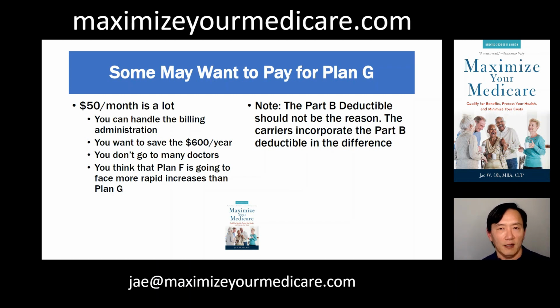Because guess what? Both plans are going to change at the same rate. Why? Because both of them have figured out they're the data taker, right? The Part B deductible, if it's 198 in 2020, and it's 208 in 2021, the difference will be reflective of that.